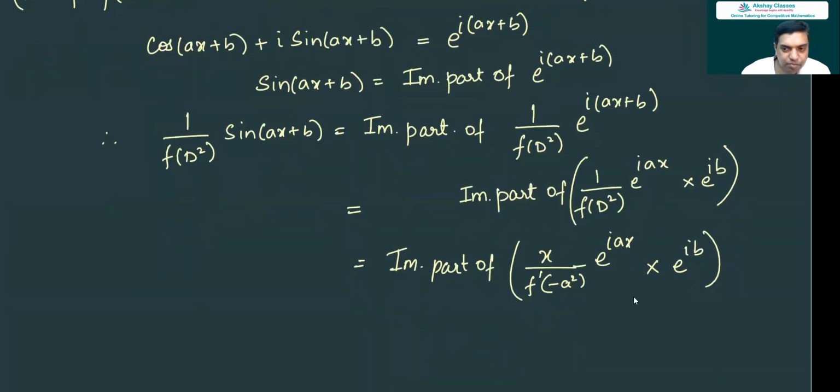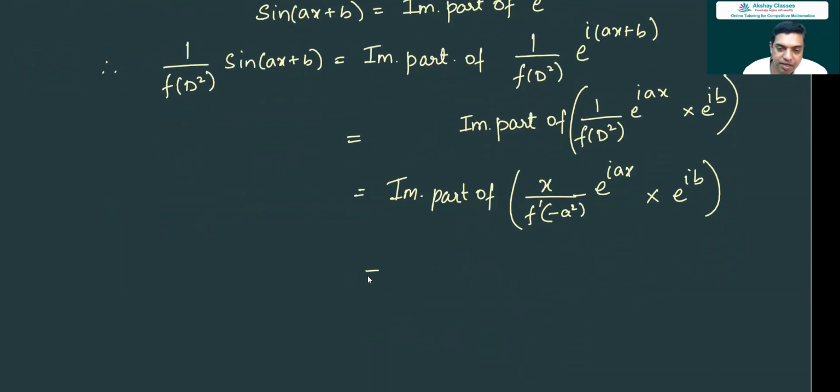So when we multiply this, this becomes imaginary part. This is x by f dash of minus a square into sine of ax plus b.